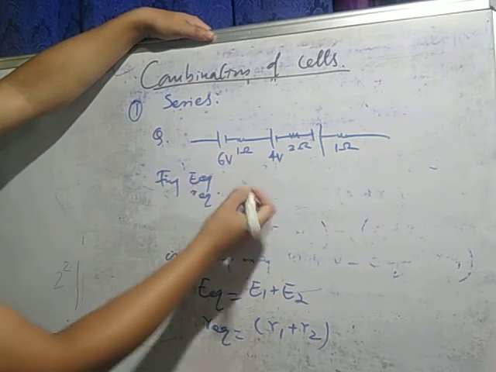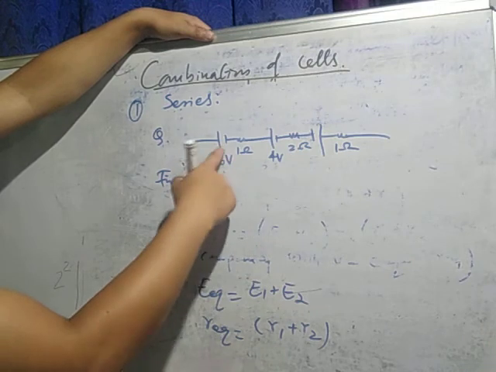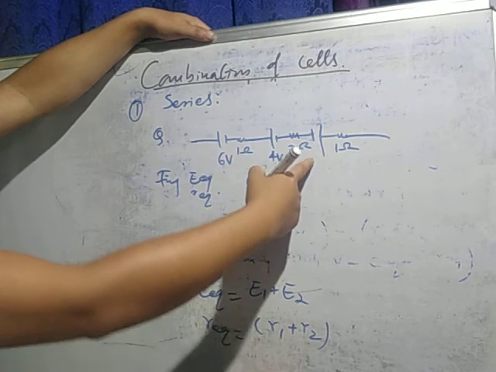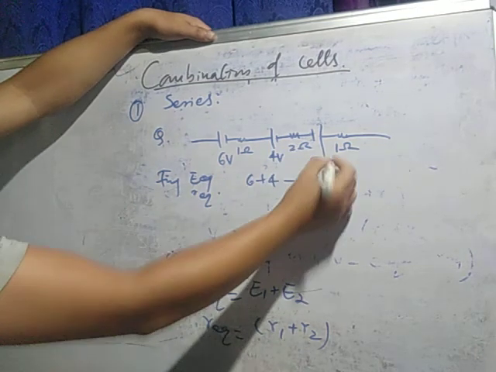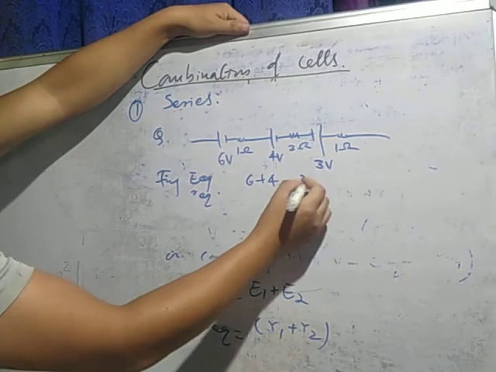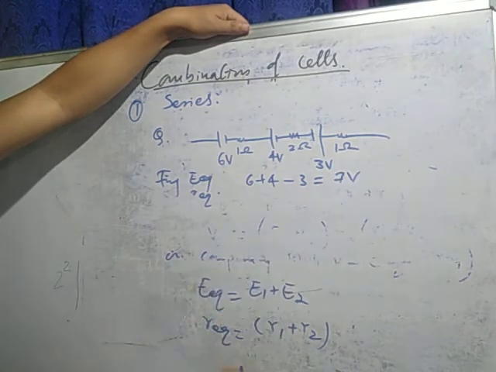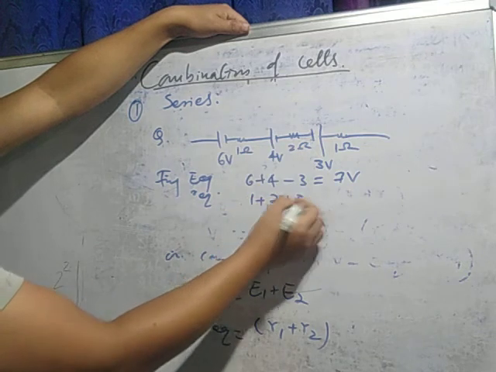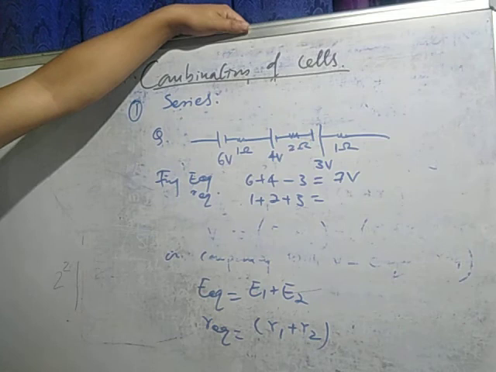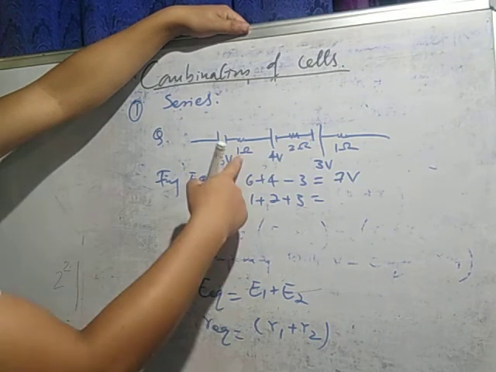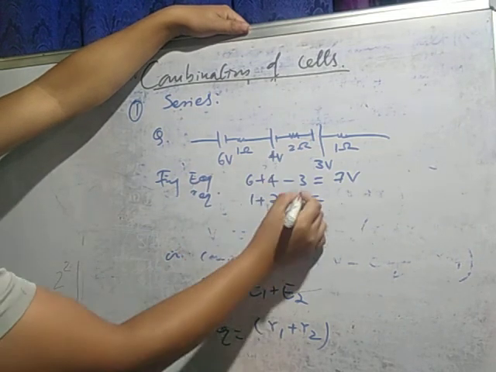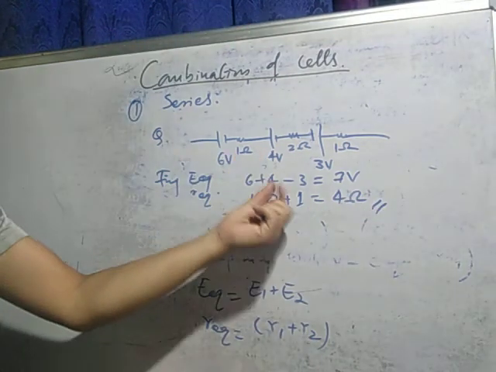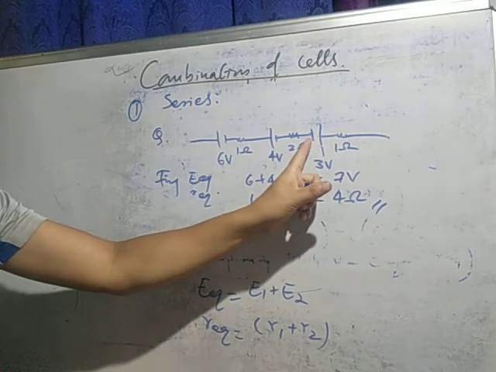These two are the same direction, so add them: 6 plus 4 minus 3 volt, so 10 minus 3, that is 7 volt. And for R1, R2, you add 1 plus 2 plus 1, that is 4 ohm. Clear?